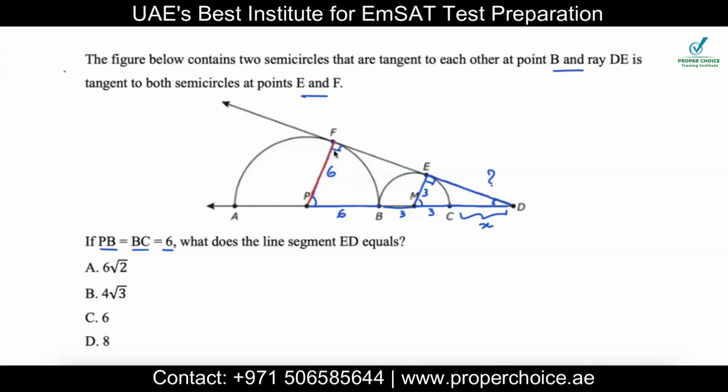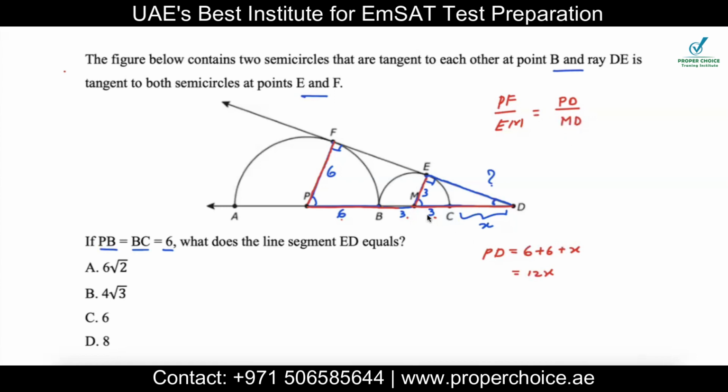Just write down the known sides. The ratio of PF divided by the corresponding side EM is equal to the ratio of the largest side of the triangle FPD, which is 6 plus 3 plus 3 plus X, that is, the length of PD, 6 plus 6 plus X, divided by the ratio of MD. We can write it as that.